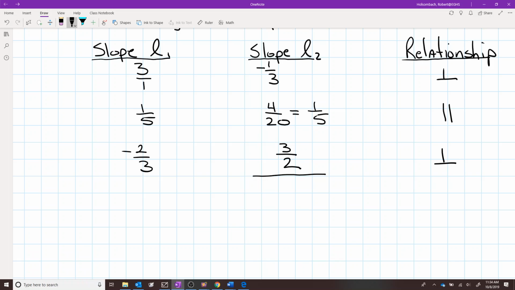If two lines are, let's say, neither. They're not parallel, they're not perpendicular, and the slope of one of them is 4. What's the slope of the other one? Say again? They're not parallel. 0 over 4 would work.